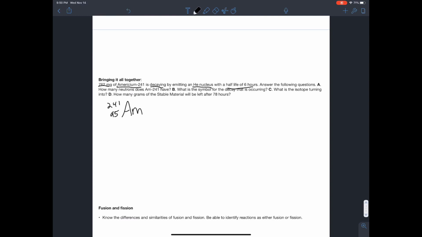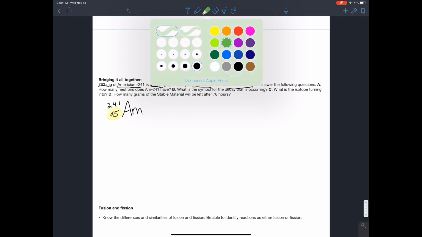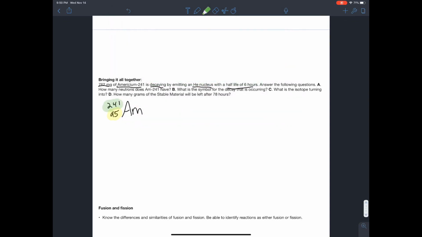The nucleus is made up of protons and neutrons. Electrons don't have mass, so protons and neutrons are the only ones that contribute to atomic mass. So if we take 241 and subtract the number of protons, which is the atomic number, 95, from the number of protons and neutrons, then we're left with just the number of neutrons, which is what this part of the question is asking us. 241 minus 95 equals 146.